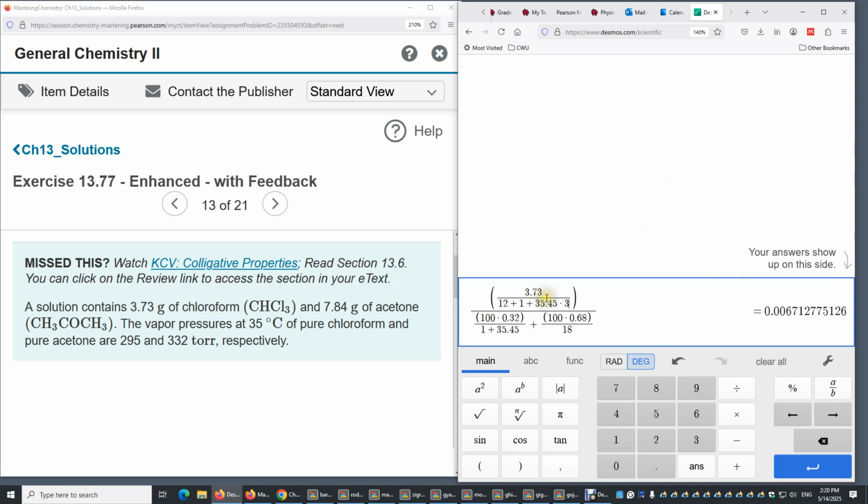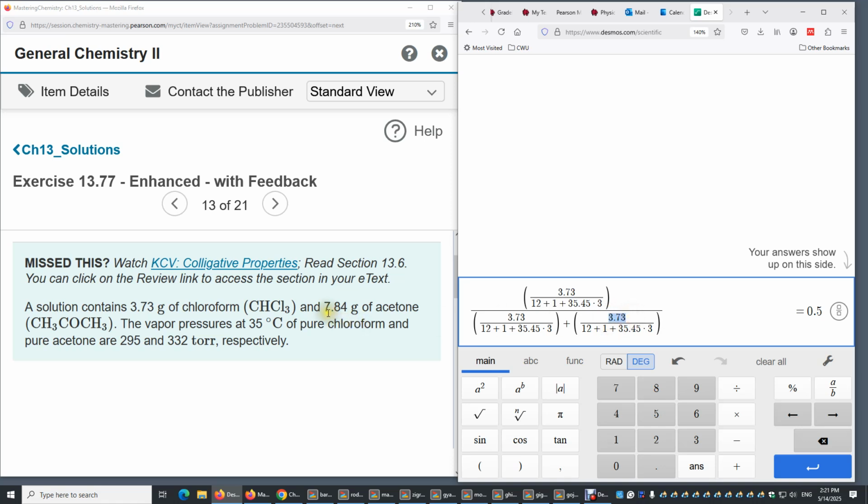This is the number of moles of chloroform. And on the bottom, the denominator should be the total number of moles of all components. We have two components in this solution, so we have chloroform here, and then I'm going to use a similar expression for acetone.